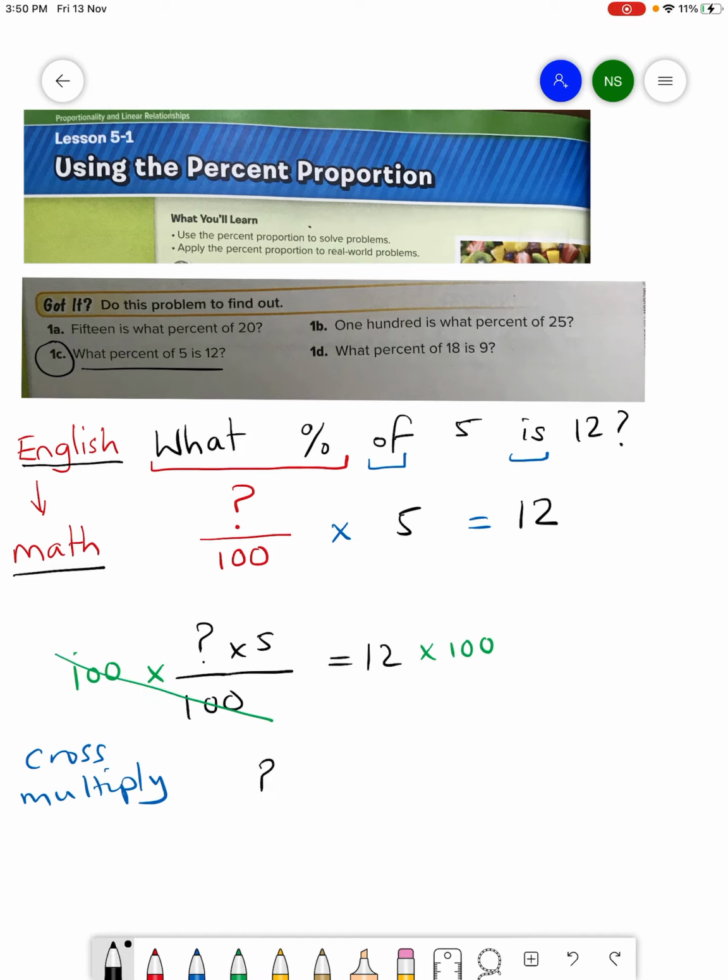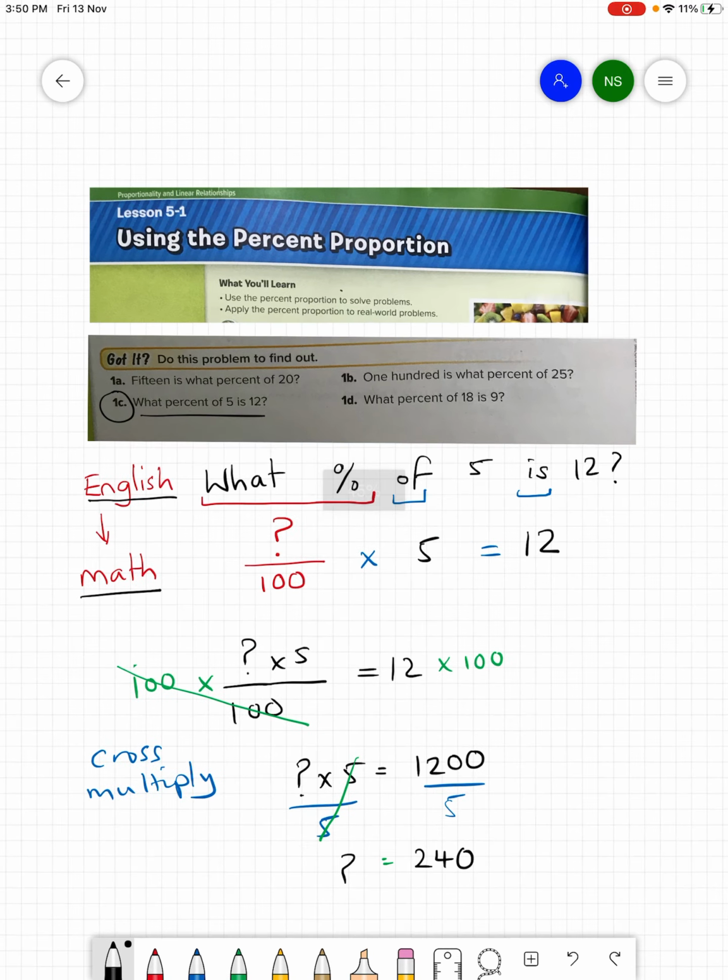We now have question mark times 5 is equal to 1200. And now, in order to get rid of the 5, because I don't want the 5 next to the question mark, I'll divide both sides by 5. The 5s will cancel, and I will get 1200 divided by 5, which is 240.